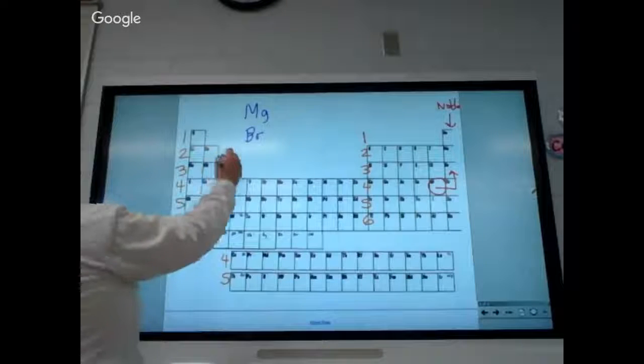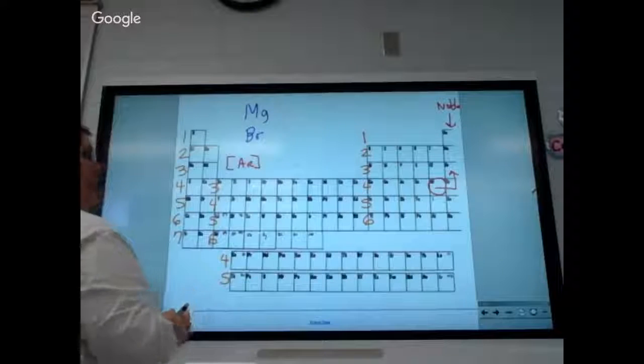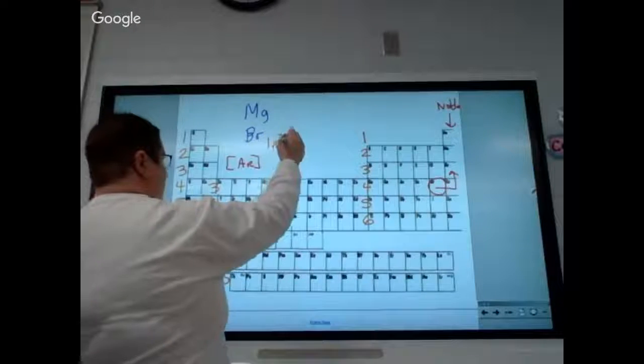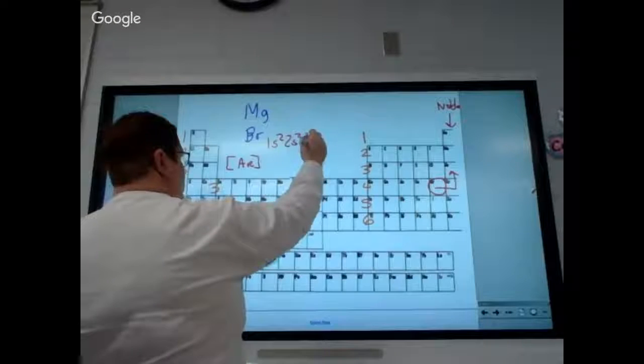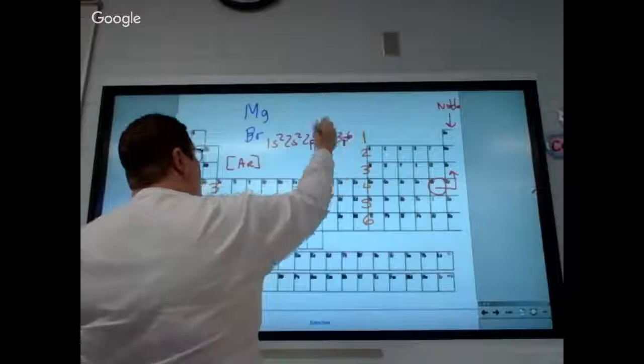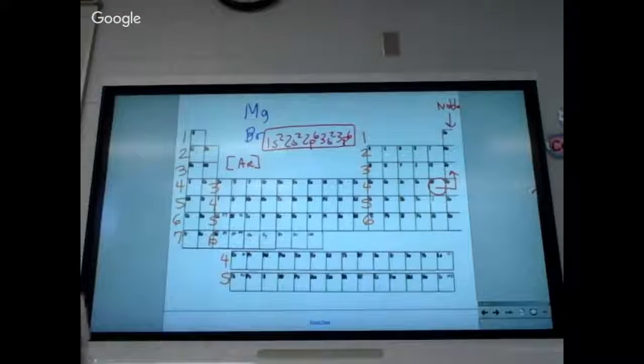Argon. So we're going to write argon in brackets. That takes care of everything up to that. You don't have to write this down. Everything that you already wrote is covered by writing Ar in brackets.